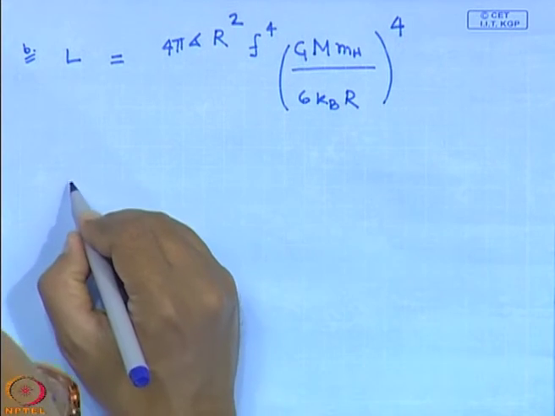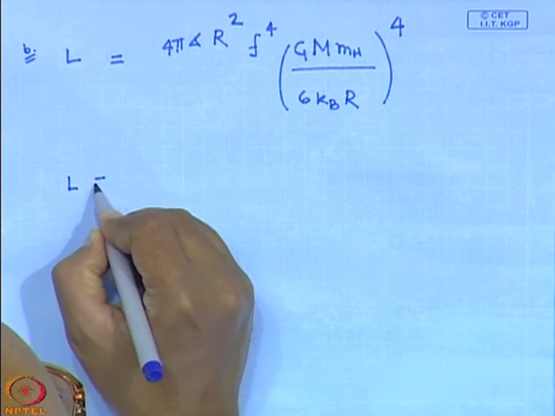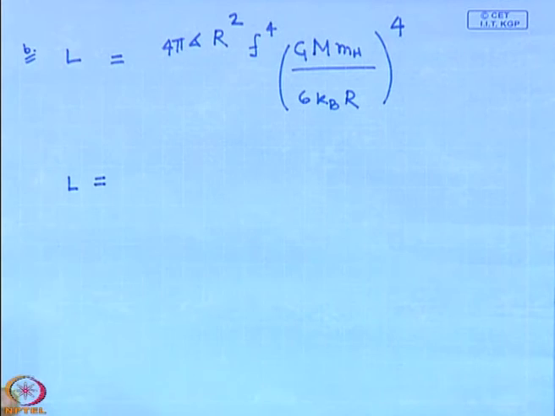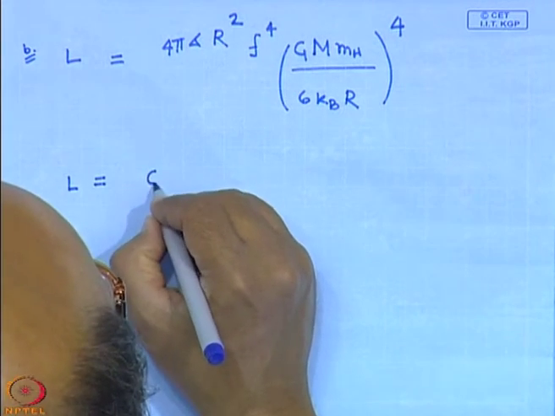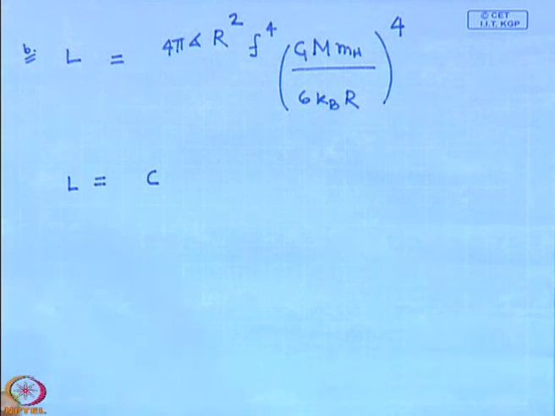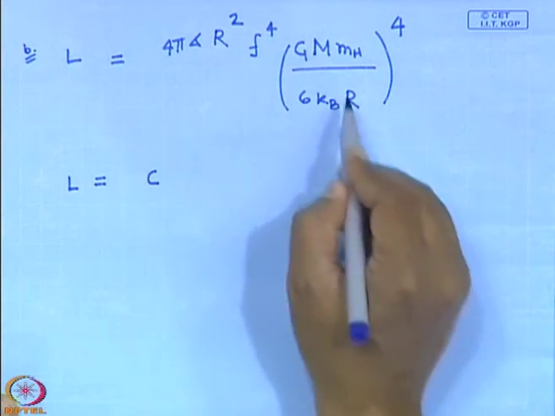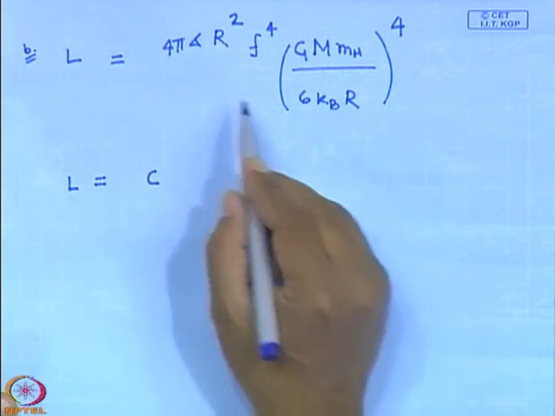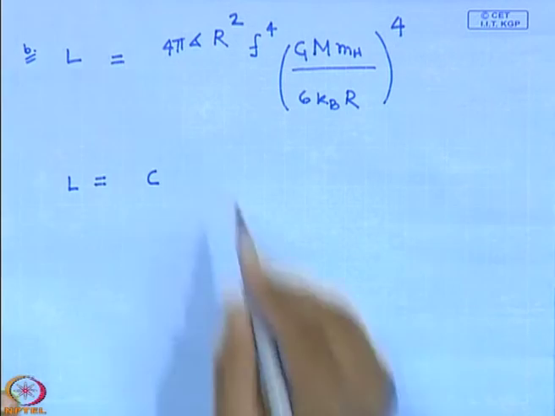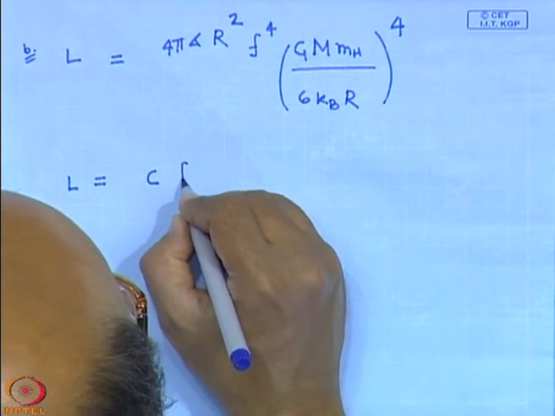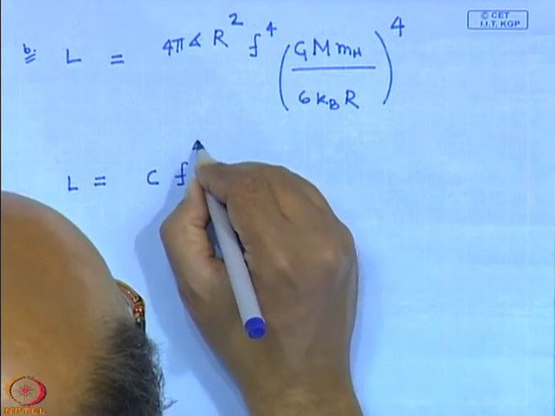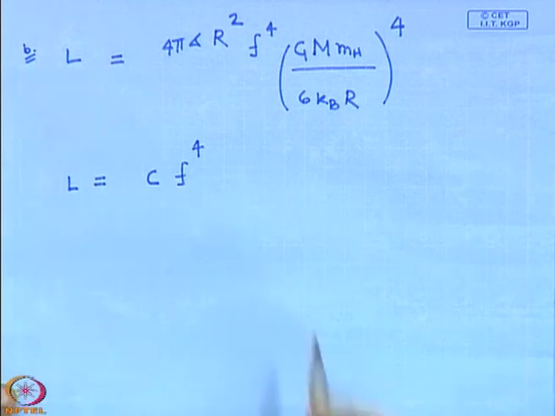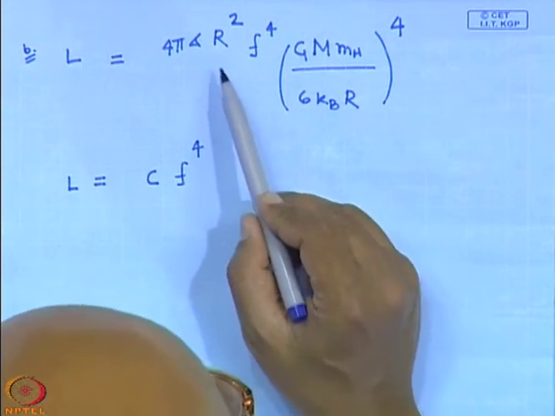So, the luminosity can be written as some constant c, whose value you can work out by taking all the coefficients over here, all the constants, into f to the power 4, and then the dependence on the mass.